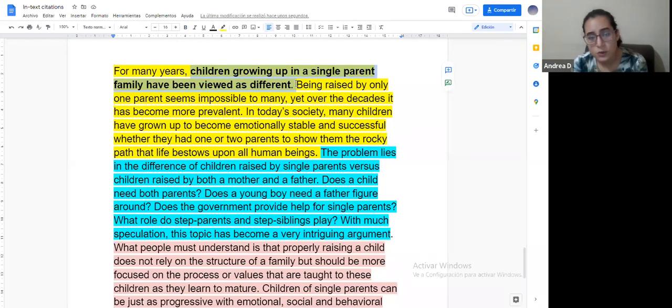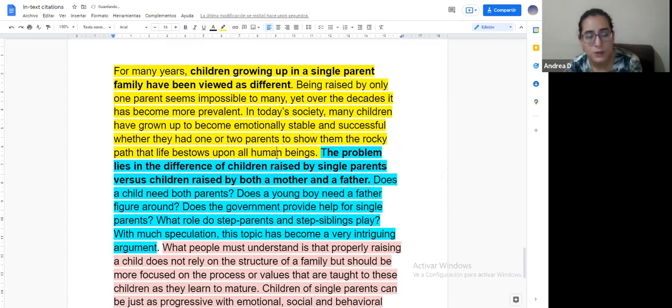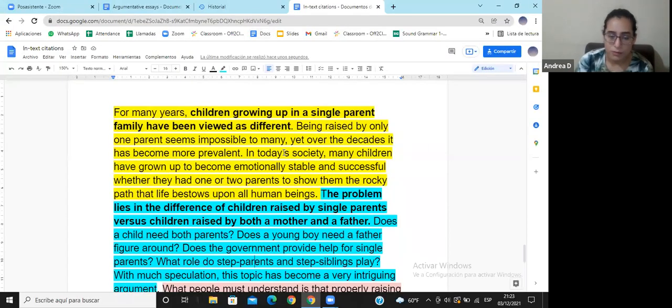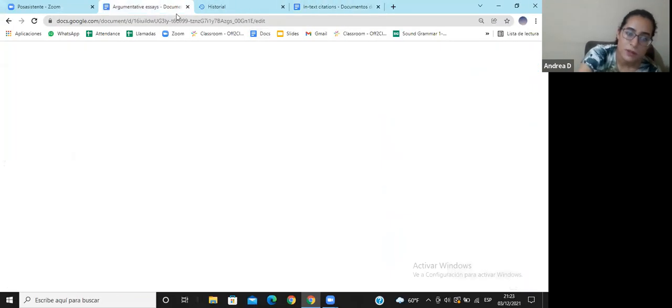And that's what he's trying to solve with this essay, right? The problem lies in the difference of children raised by single parents versus children raised by both mother and father. And then he's asking the question, so does a child need both parents? Does a young boy need a father figure around? So that's raising the question or acknowledging what the problem is.